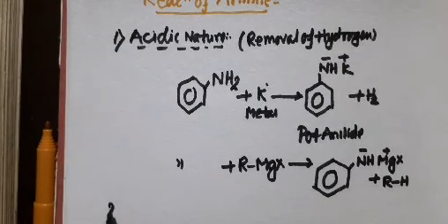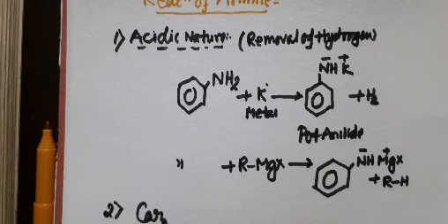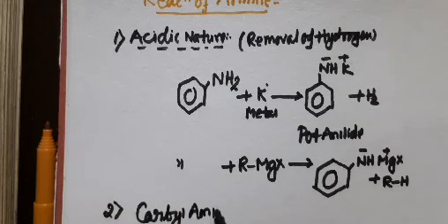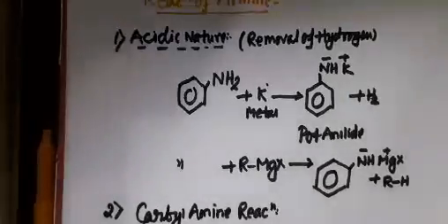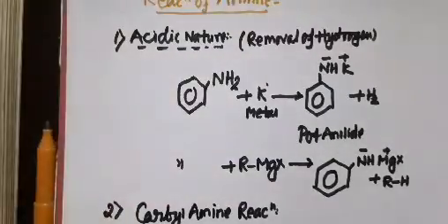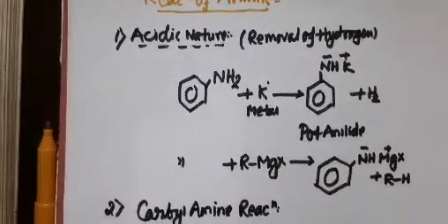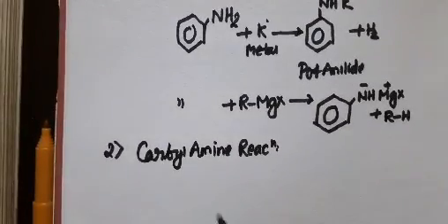Now another reaction, that is the carbylamine reaction. What is the carbylamine reaction? When a 1 degree aliphatic or aromatic amine reacts with chloroform and alkali, it produces isocyanide.